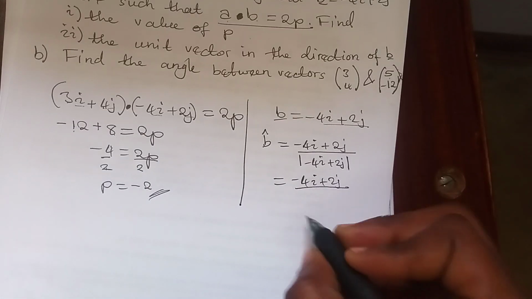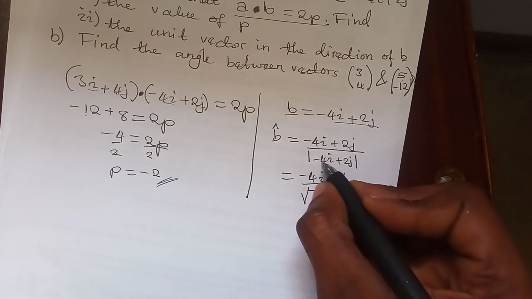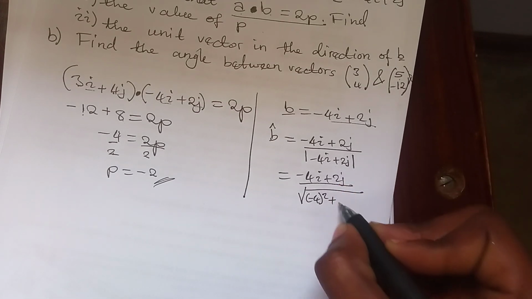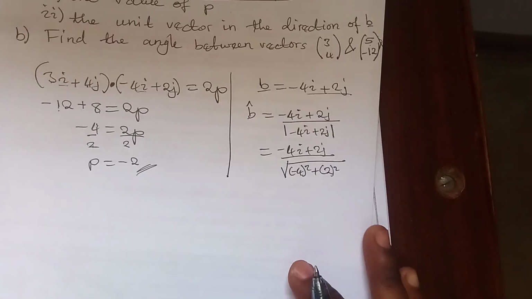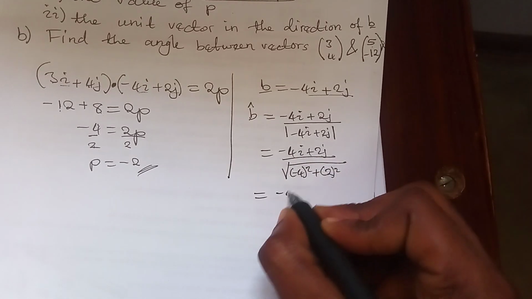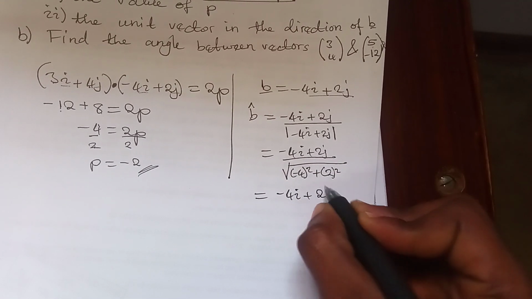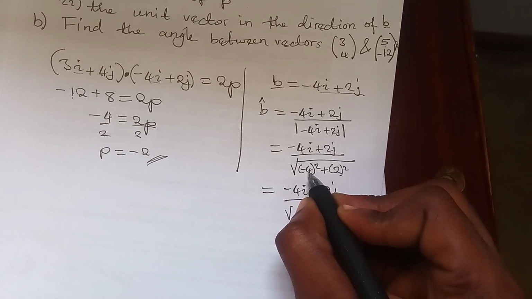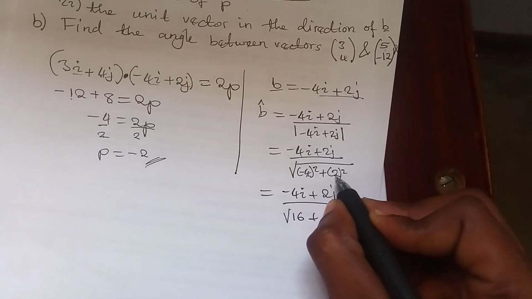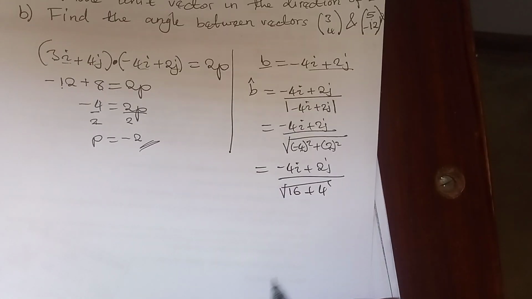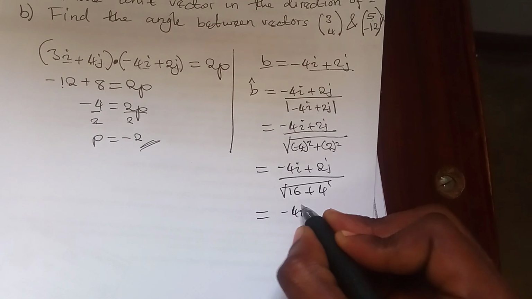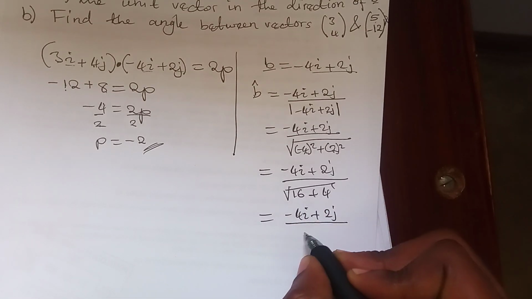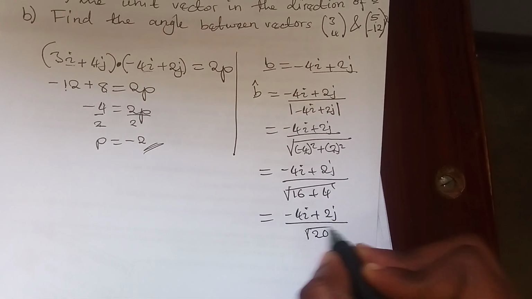So the magnitude of this, you can just use the Pythagoras theorem: minus 4 squared plus 2 squared, so that you have minus 4i plus 2j, everything over the square root of minus 4 squared is 16, 2 squared is 4, and this plus this is 20.